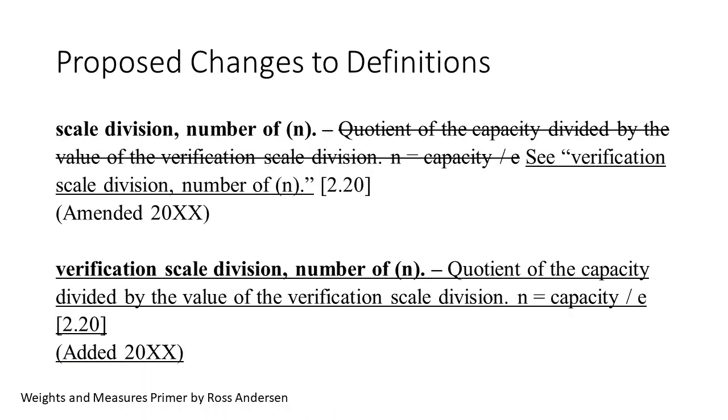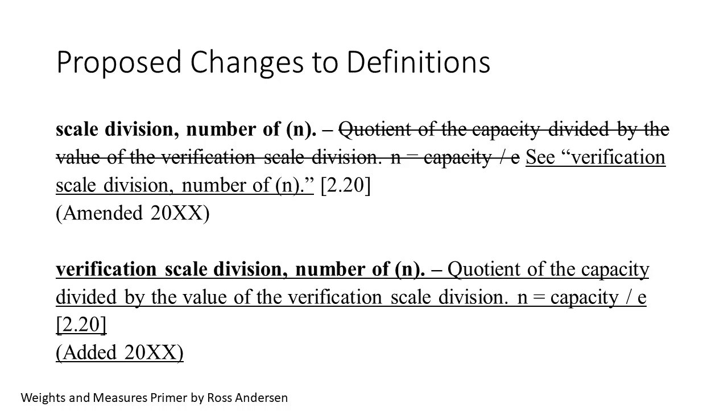This change brings to light a significant mistranslation in the definition of N. Without the word verification, N is the number of D's. The definition conflicts with itself. The scale division is D, yet the formula in the definition states that N is capacity divided by E. The fix is in the lower added definition.